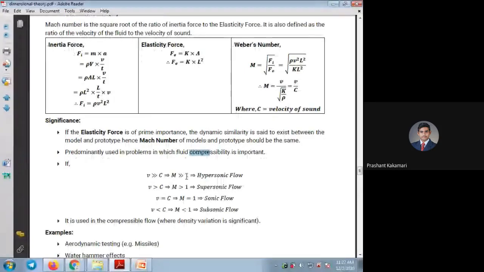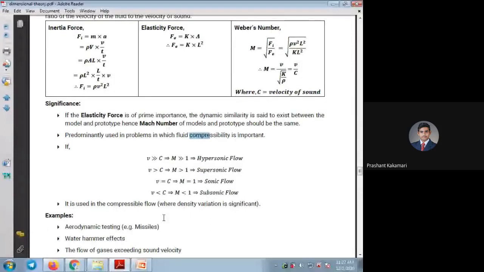If the Mach number is equal to 1, we tell it is sonic flow. Any plane flying with Mach number 1 is flying at the speed of sound. So it is a sonic flow. If the Mach number is less than 1, the planes can fly with less than 1, then it's called subsonic flow.